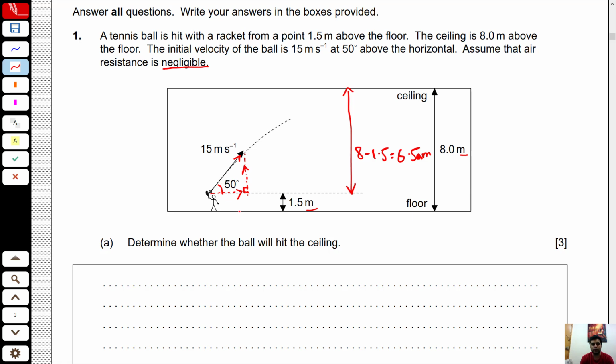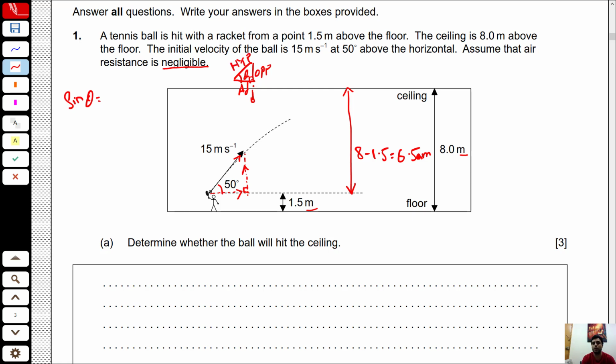If you still remember the SOH CAH TOA rule, when you have a right angle triangle, for example like this, this is the right angle, this is the angle theta. The length opposite to the angle is the opposite. This one is the adjacent, and the side opposite to the right angle is called the hypotenuse.